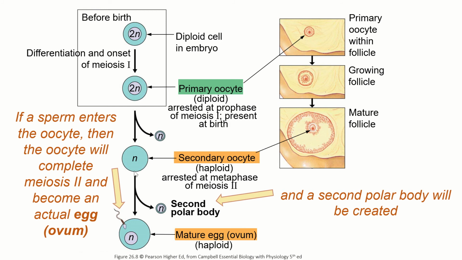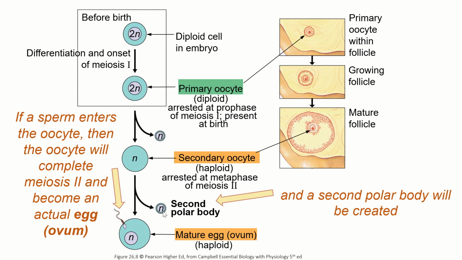Now, it's still not going to finish meiosis unless a sperm enters the plasma membrane of the secondary oocyte. At that point, it will finish meiosis 2 and become an actual mature egg and create a second polar body.